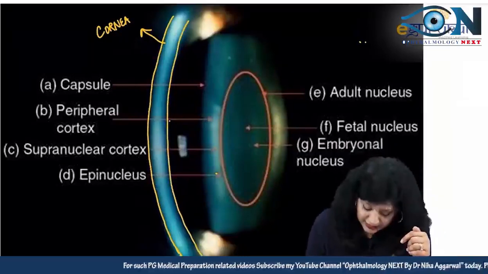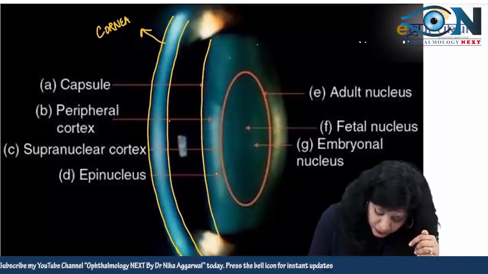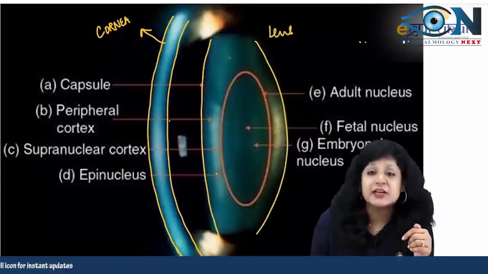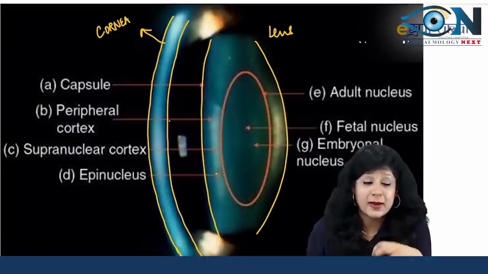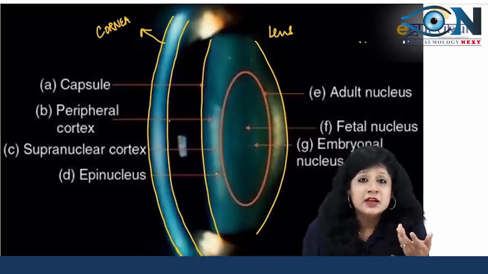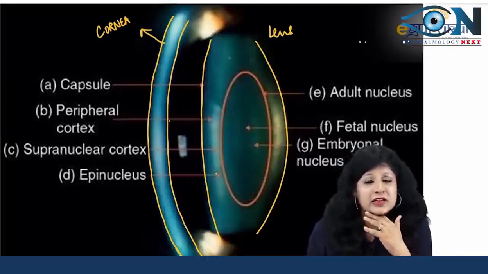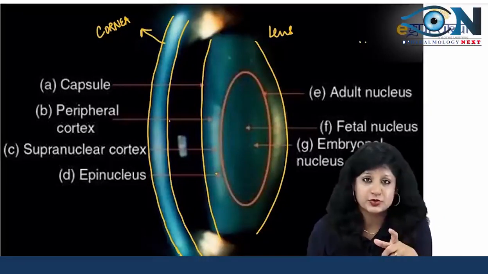And on the other hand, this biconvex shadow is the lens. So I think there should not be any problem in telling whether an opacification is on the anterior side or the posterior side. And I don't think they will ever give you a slit lamp photograph where they are not showing you the corneal shadow. They have to give it.